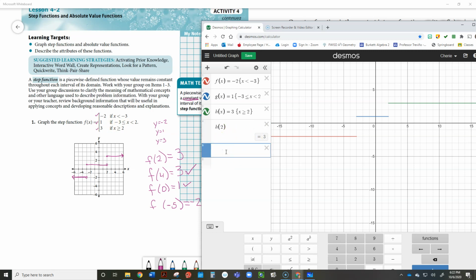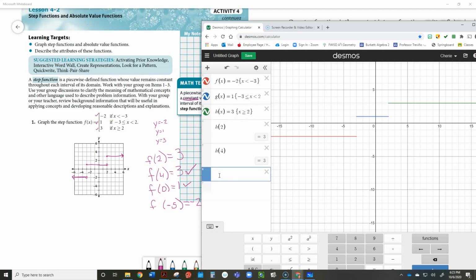So now we can go down here and we can try it again. You have to just go through f of 4. F of 4 is undefined, so now try g of 4, that's undefined. Now try h of 4. And we see right there that for h of 4, it's using this piece down here, the answer's 3.